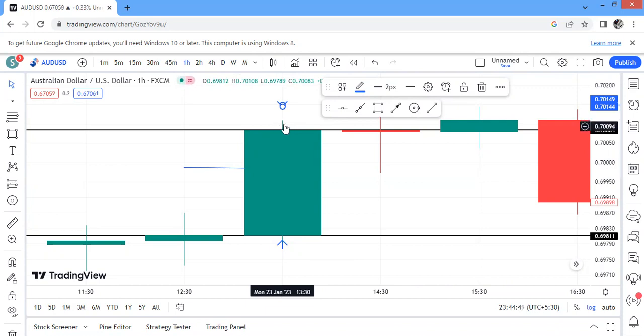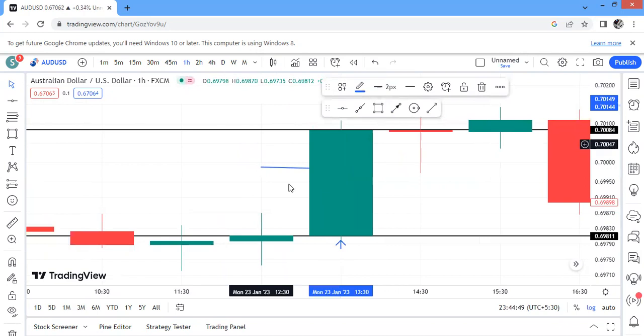It therefore represents that sellers were very weak in the forex market at that particular time. So this candle represents the buyers. What does the bullish candle mean? The opening price is below here, then this is the closing price of the bullish candle. That is what a bullish candle means.